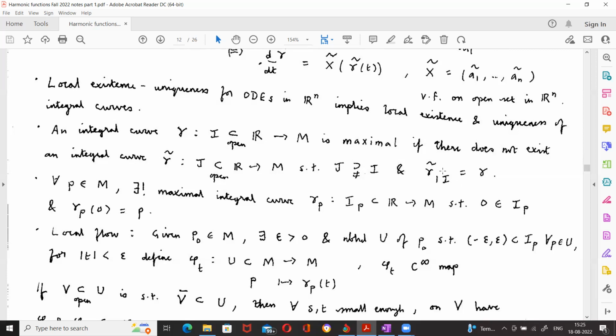So that means we cannot extend it to a strictly larger interval as an integral curve. All right. So then we'll say an integral curve is maximal.